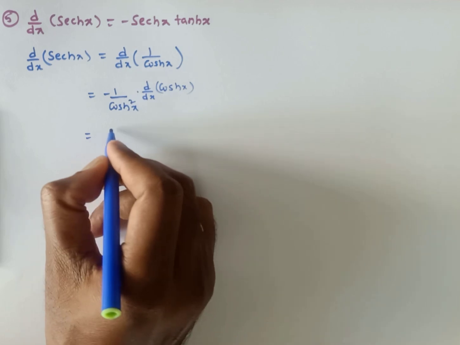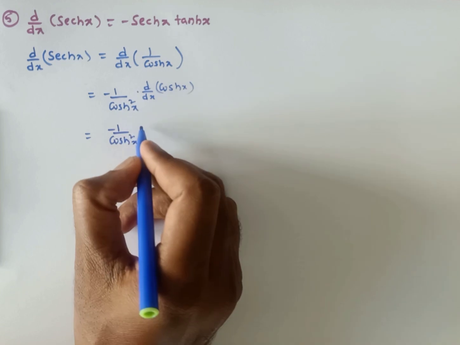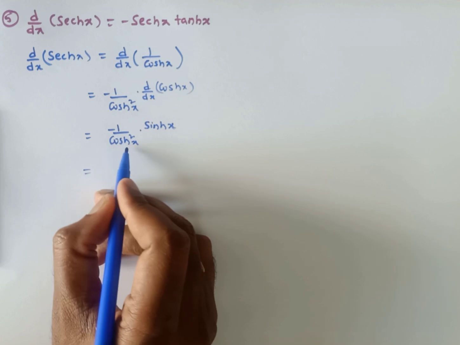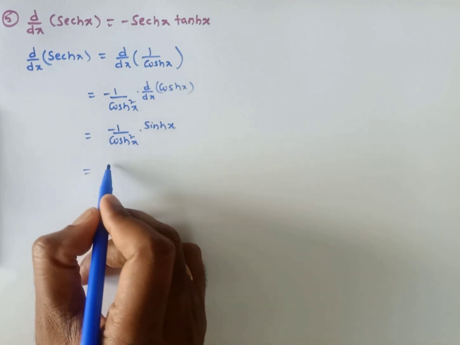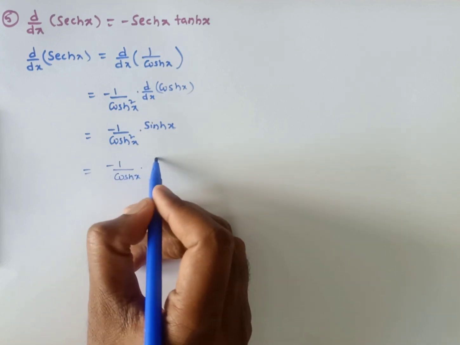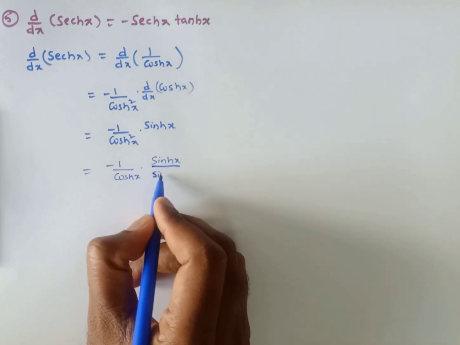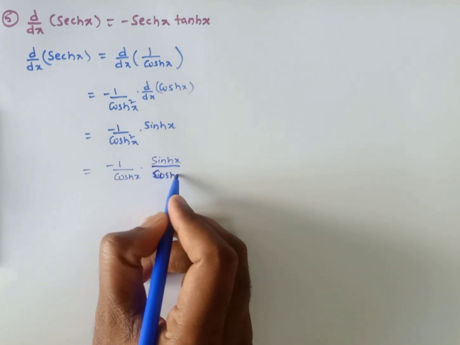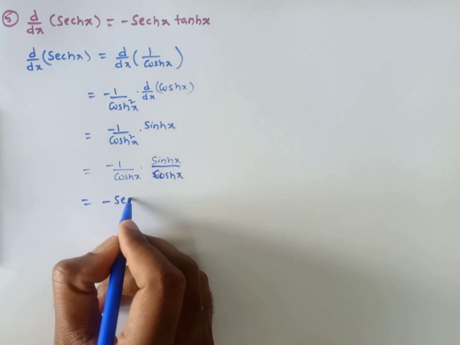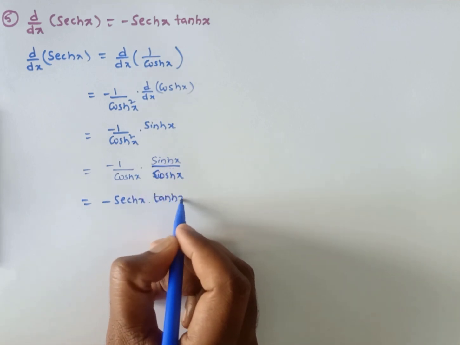Now this is minus 1 divided by cosh²x into the derivative of cosh x, which is sinh x. This cosh²x can be written as cosh x into cosh x, so it is minus 1 by cosh x into sinh x by cosh x. Now minus 1 by cosh is nothing but sech, and sinh by cosh is tanh x.